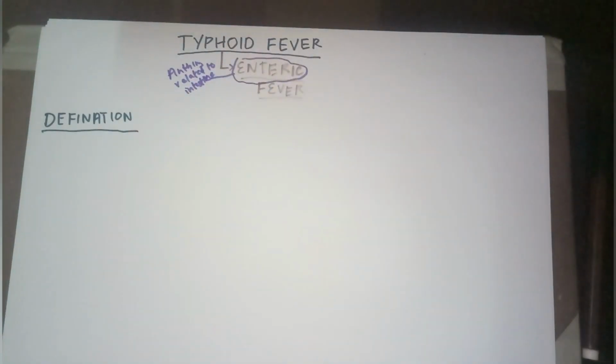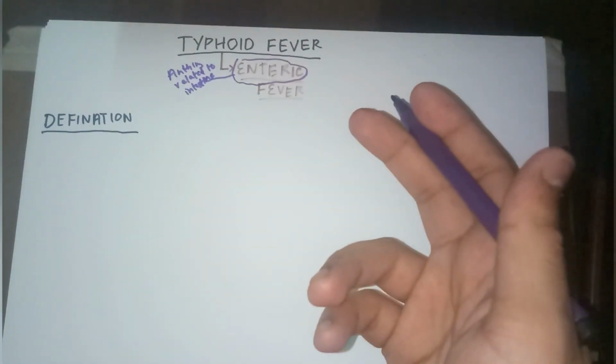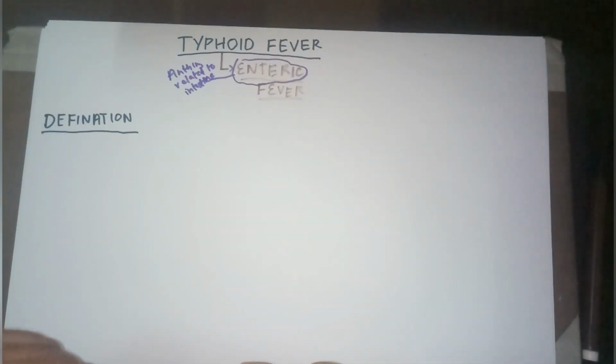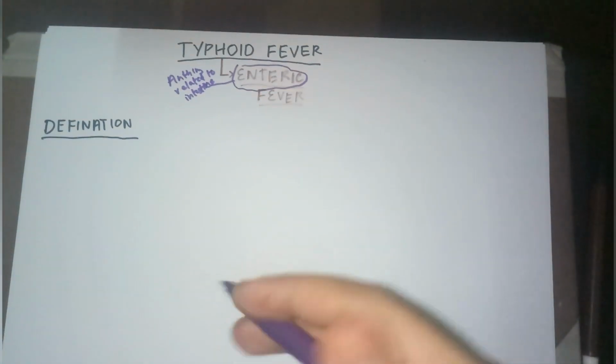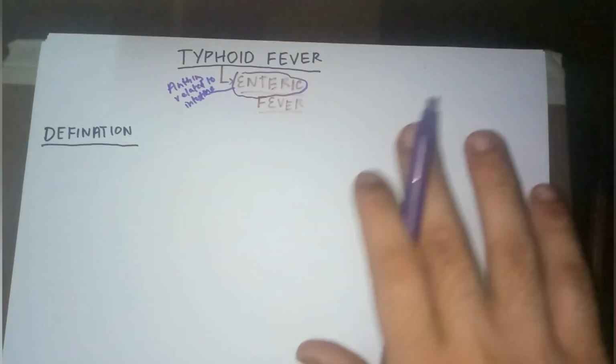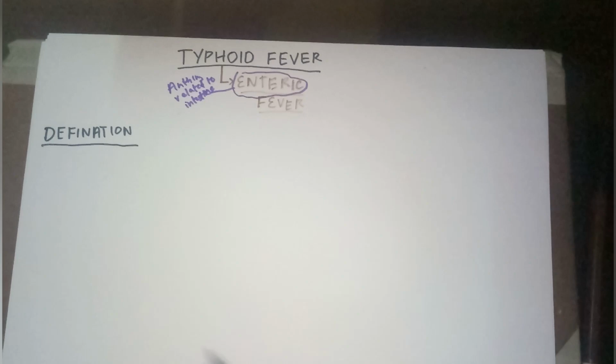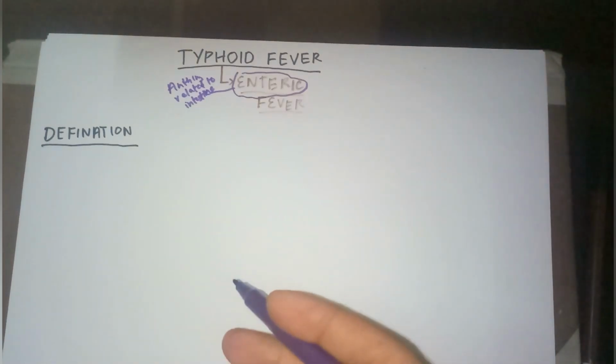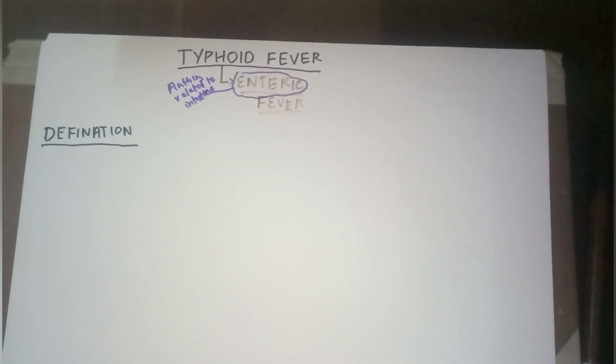Anything which is related to the intestine is known as enteric. Mainly the small intestine, because most of the diseases are related to the small intestine, but anything related to the intestine is known as enteric. We call it enteric in medical terms.